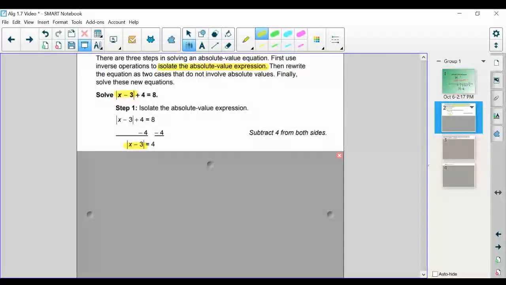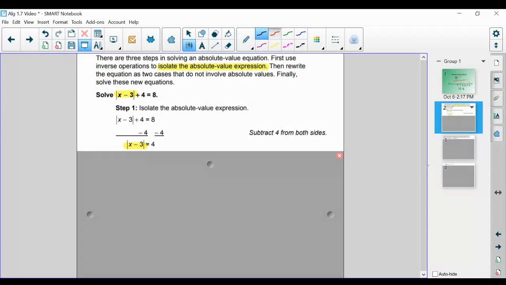What we need to figure out is that x minus 3 has to be 4 units away from 0. That's essentially what we are trying to figure out: whatever is inside, how far away is it from 0? And we know it's 4 units away. So we have to figure out what values of x, when I subtract 3 from it, are 4 units away from 0.